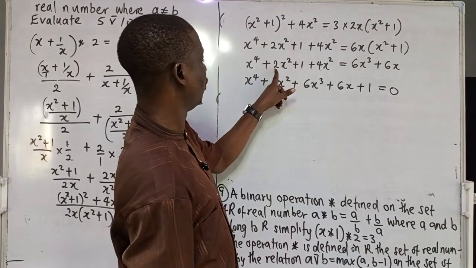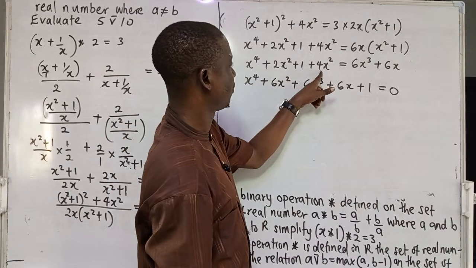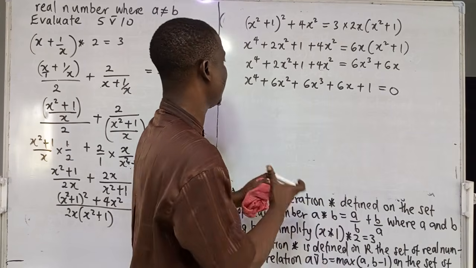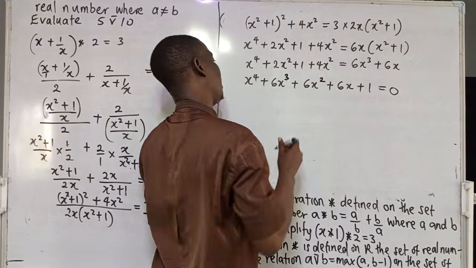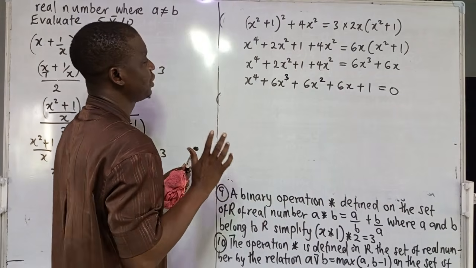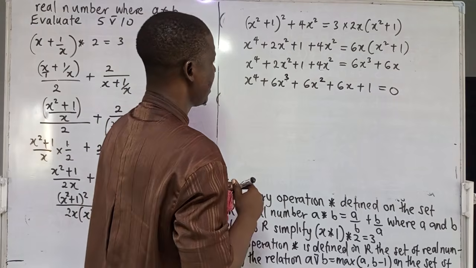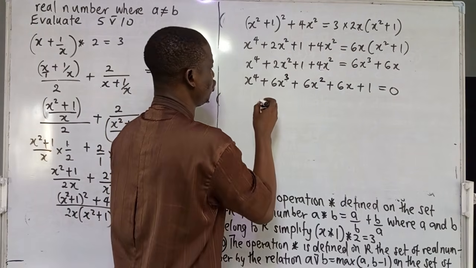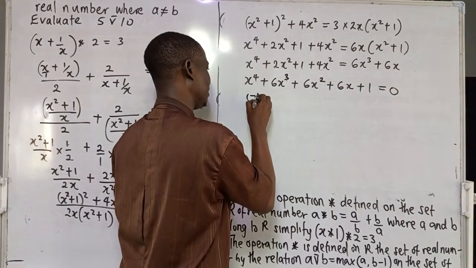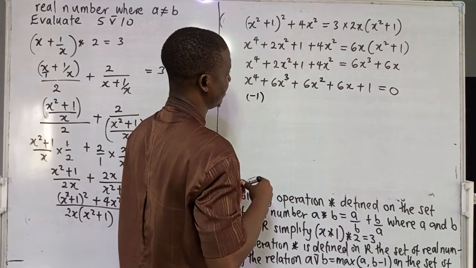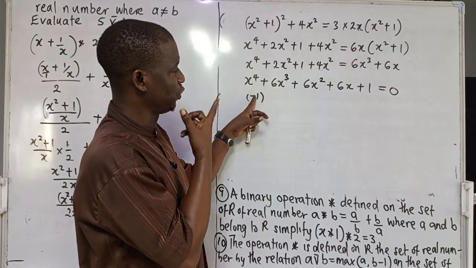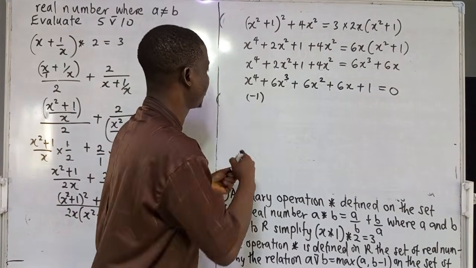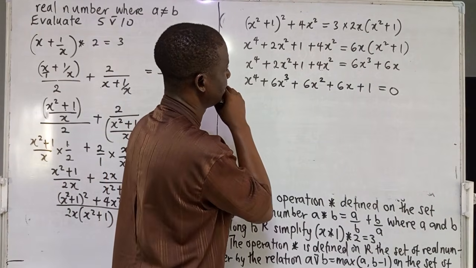Okay, let me arrange it in a descending order. Now, if you check this very well, if I choose minus 1 as my X, if you put it, whether it's a factor. No, let's leave it like this first.